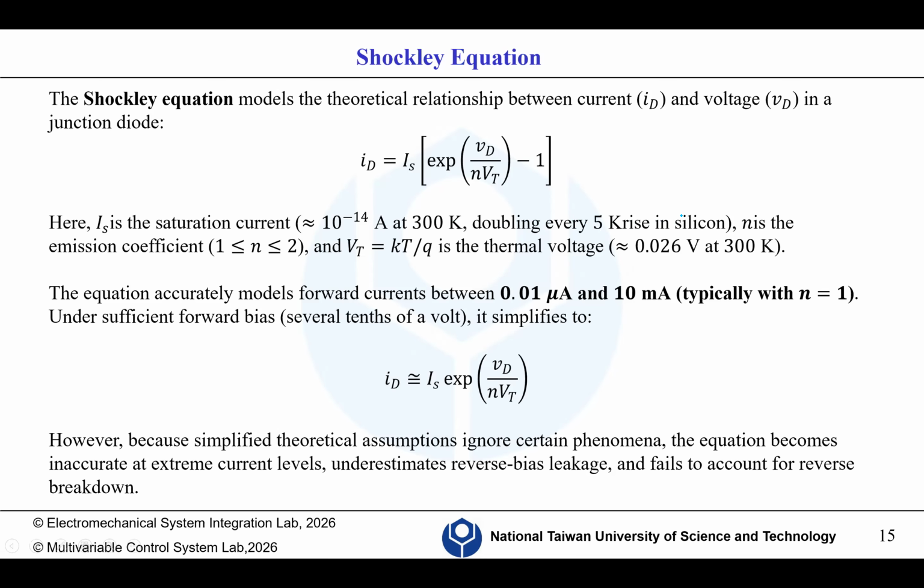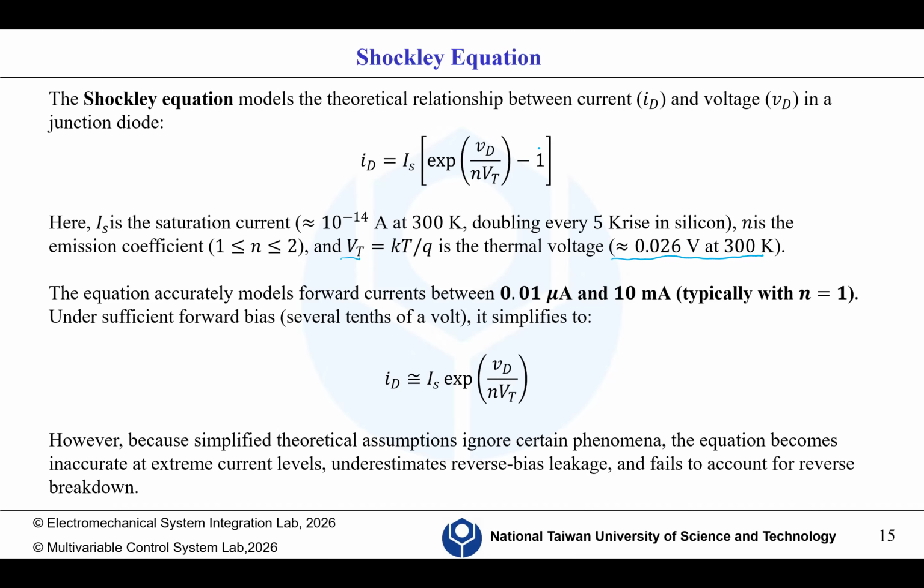N is the emission coefficient, usually between 1 and 2, and VT is the thermal voltage, which is kT over q, where T is the temperature and q is the magnitude of the electrical charge of an electron, but usually it will be given. So let's assume that it is 0.026 volts at 300 K. This is VT.